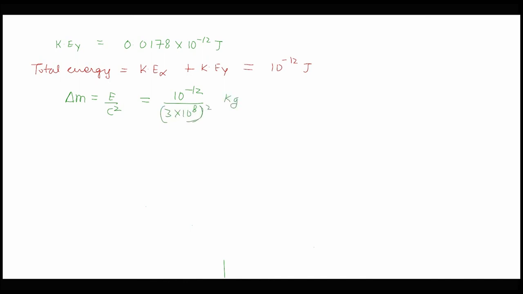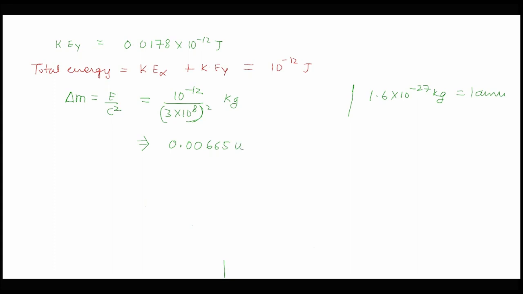And we can convert this kg into AMU by using this simple expression that 1.6 × 10^-27 kg is equal to 1 AMU. So we can do the necessary conversion, and over here we obtain the value equal to 0.00665 U. So this is the value in AMU that we obtain.